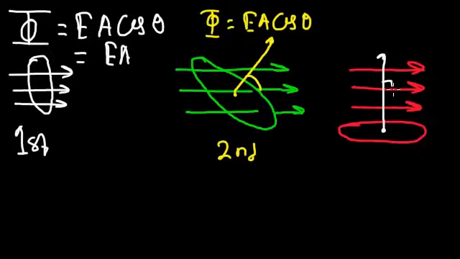Well, that will be 90 because it is perpendicular to the field lines. However, the cosine of 90 is indeed 0. So this clearly tells us that for a field line that is parallel to the surface in contact, there will be no net electric field emerging out of that surface.